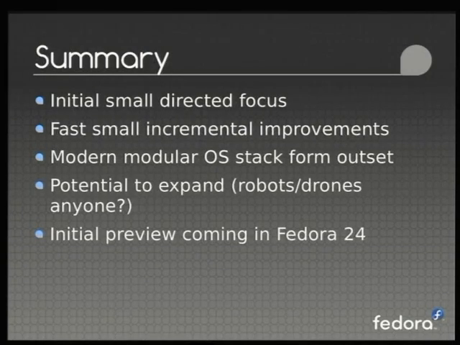So in summary, the plan is to start small with a very focused feature set, very focused device set, fast, small incremental improvements to that, built purely on Atomic, so no DNF install of various functionality. I think this is the right way to go, especially for IoT-based devices.